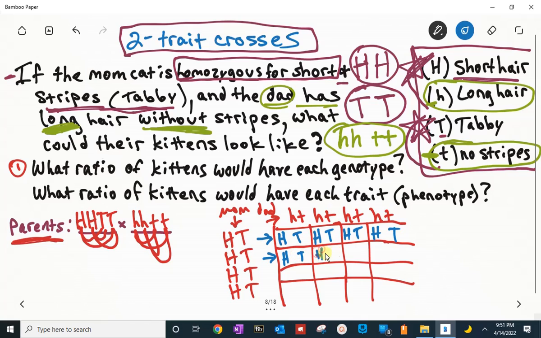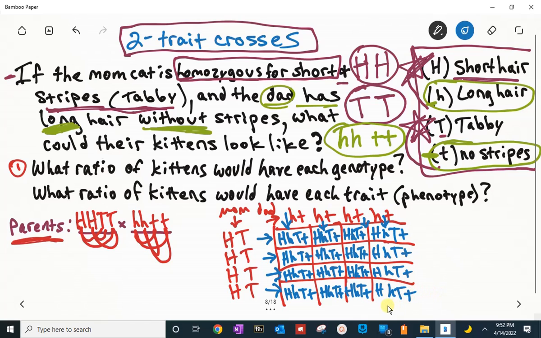And now let's do the dads. In this row, he contributes a lowercase h, lowercase t, and same for this column.